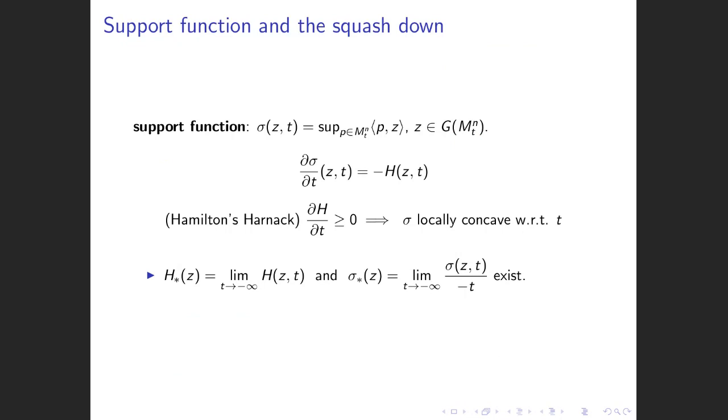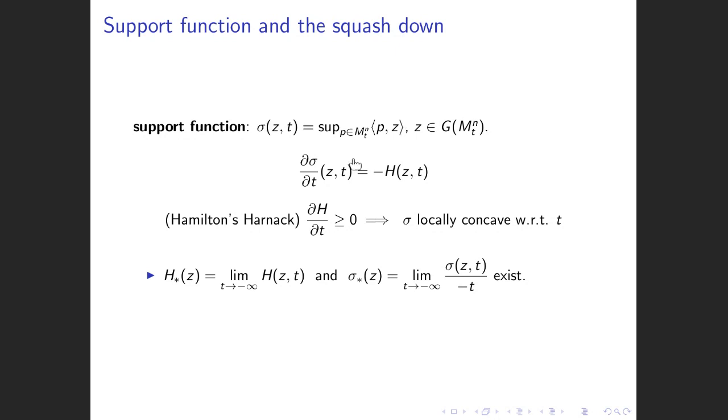And to be able to justify this squash down, its existence, and that this definition makes sense, we have to use a support function. Remember, now we are looking at convex bodies, so the support function at a normal z is the distance of the tangent plane at the point with normal z to 0.